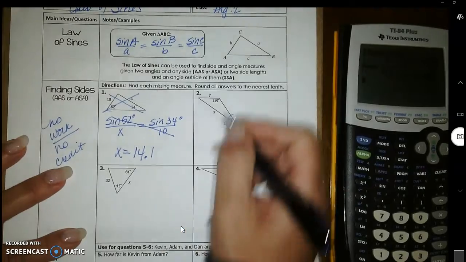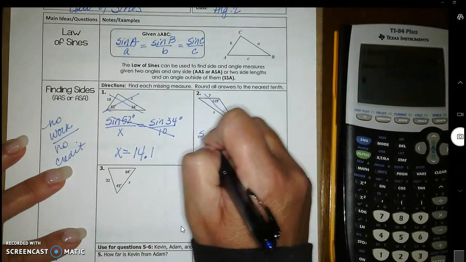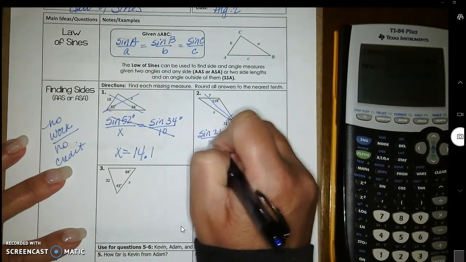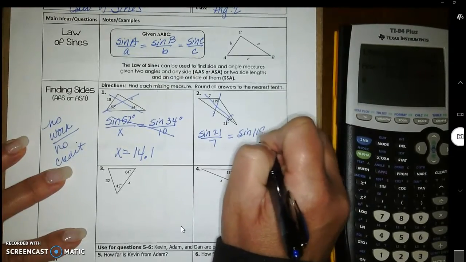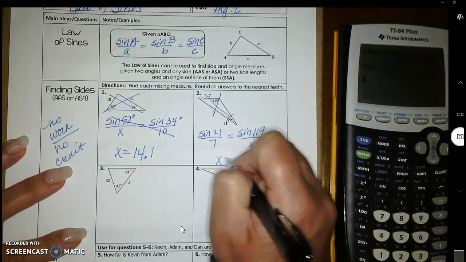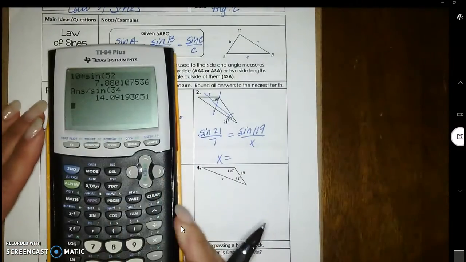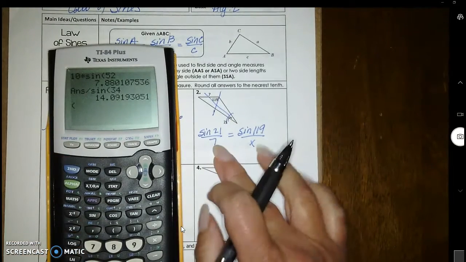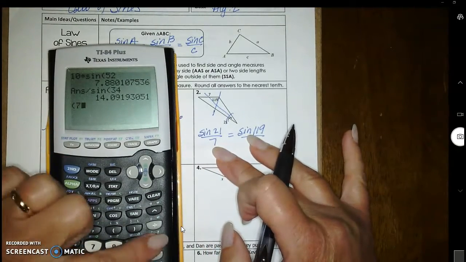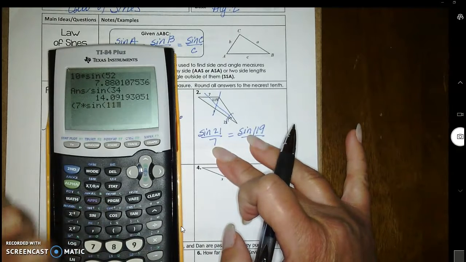Here's 21 degrees, and I've got a 7, so I'm going to do the sine of 21 over 7 equals the sine of 119 over x. Let's type it in. If I'm going to type this in all in one fell swoop, I can use parentheses. I can do 7 times the sine of 119.